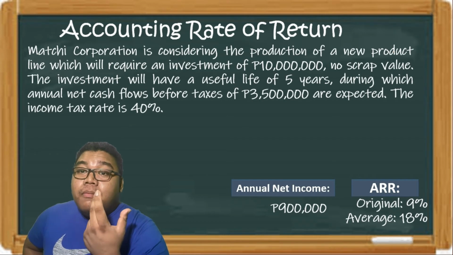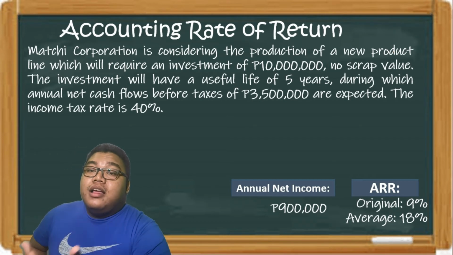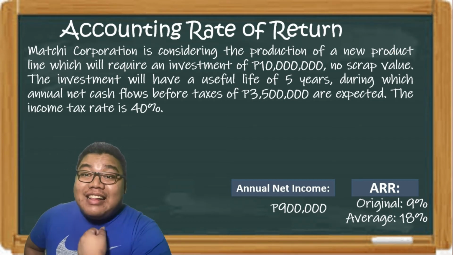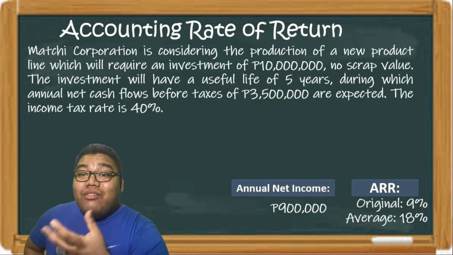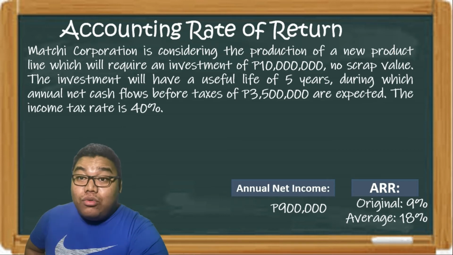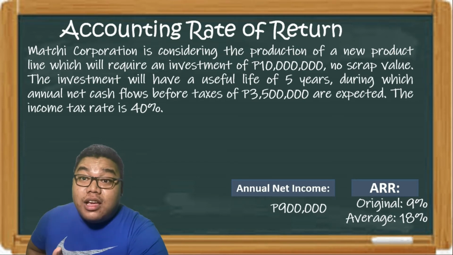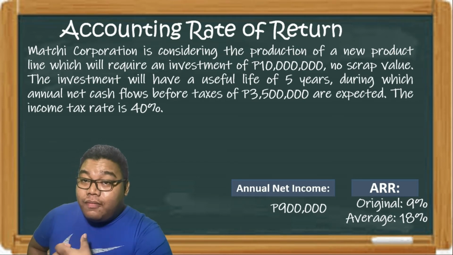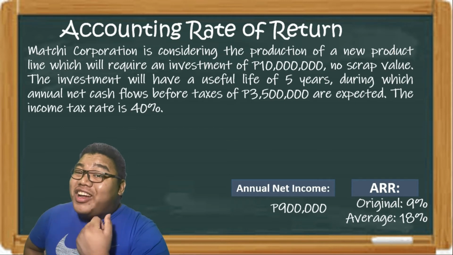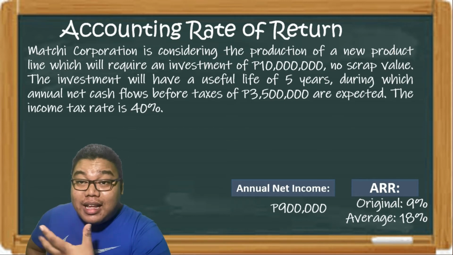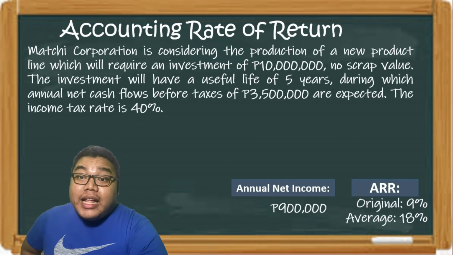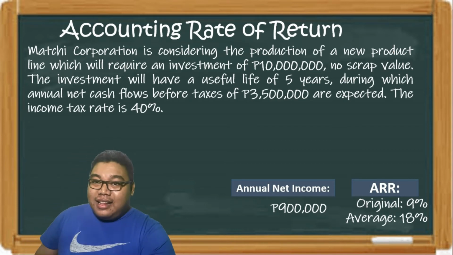But in practice, in reality, the company has set guidelines on which accounting rate of return they are pertaining to. They would mention that in computation of the accounting rate of return. You might have used average investment or original investment as a company, but they explicitly state that.